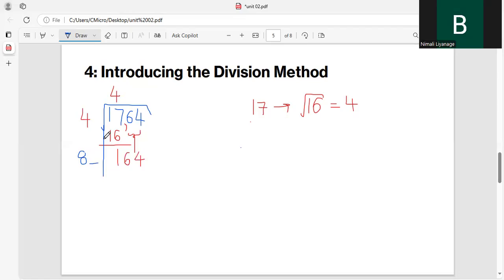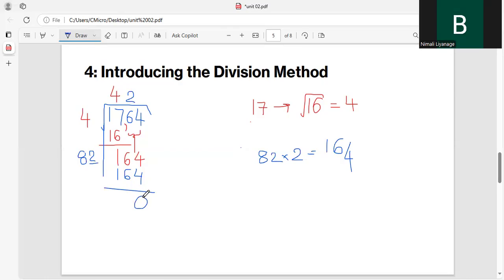That means if we put 2 here, and we put the same number up there, 82 times 2. What is the answer? 82 times 2 is 164, no? So we put 2 here and 2 there, and 82 multiplied by 2 is 164.